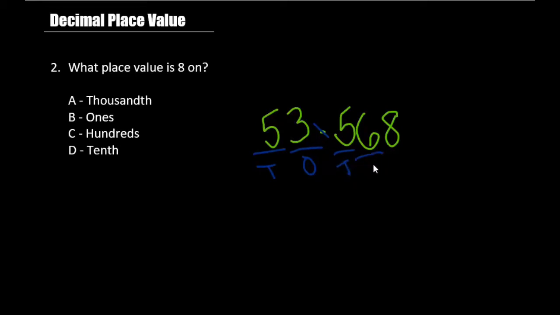The 6 is the hundredths place with a TH. And the 8 is the thousandths place with a TH. So the question is asking us what place value 8 is on. 8 is on the thousandths, and remember, it has a TH. So our answer would be A because it's thousandths place.